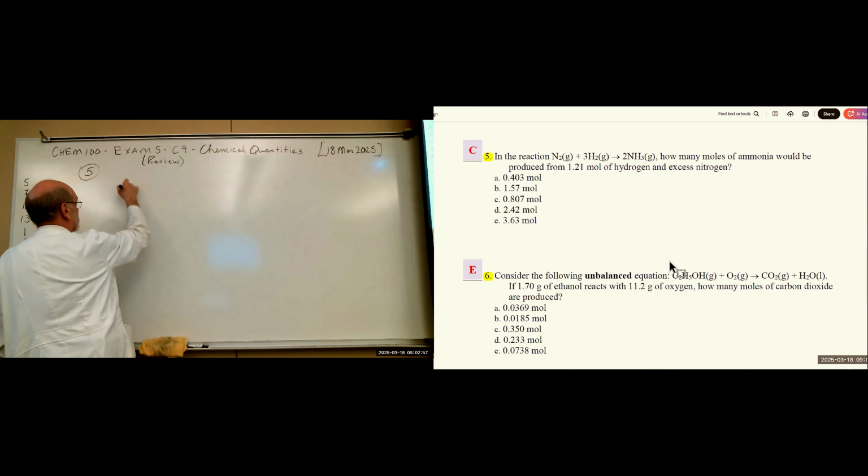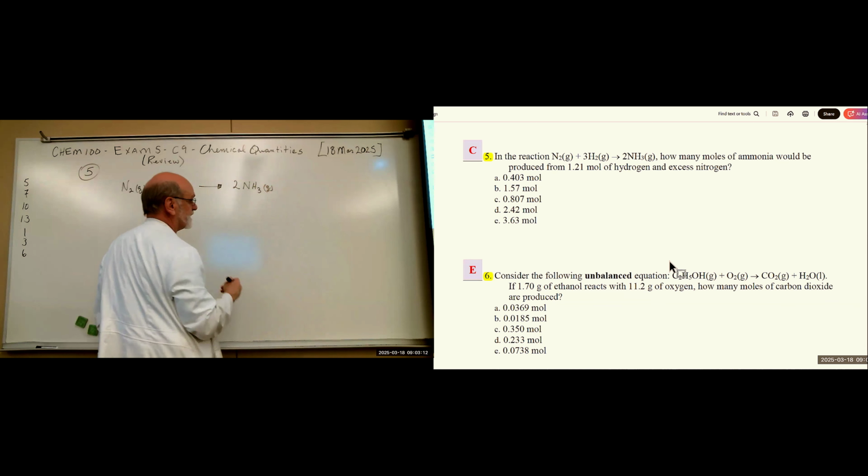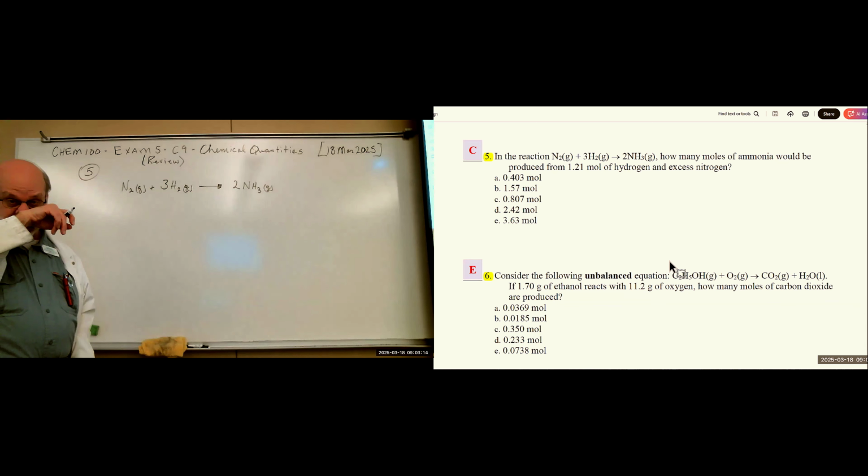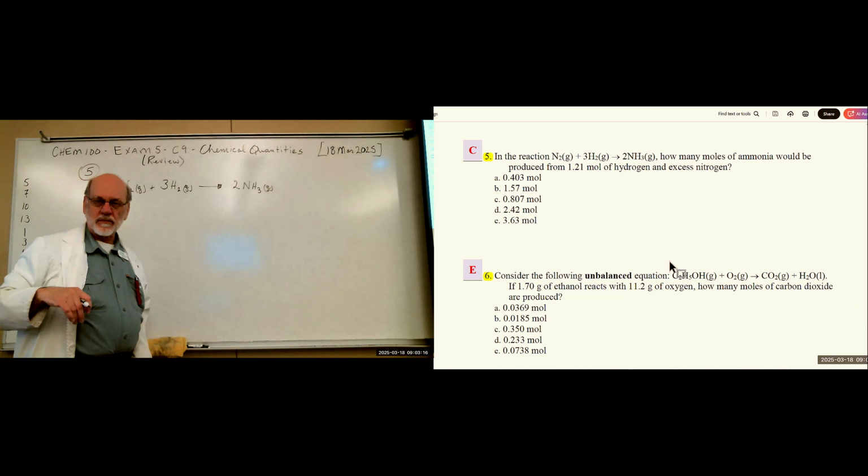So that makes an easier starting point. And this is ammonia. So the problem gives us 1.21 moles of hydrogen.